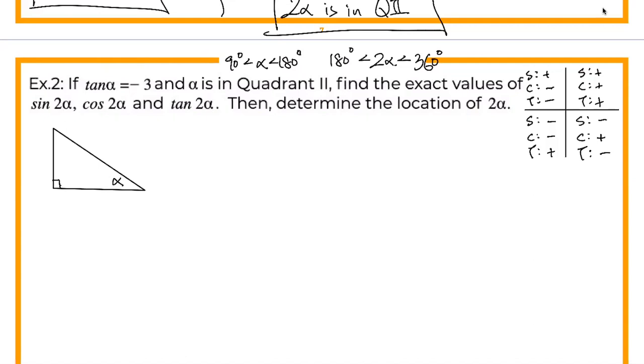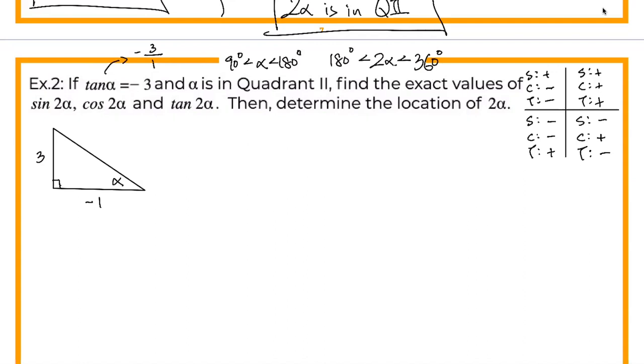Adjacent and opposite, you got it. So -3 is really the same as -3/1, right? So we can say that the opposite side is 3 and the adjacent side is 1. And which one of those gets the negative sign? The 1 or the 3? The 1, exactly, because this is moving in the negative x direction.